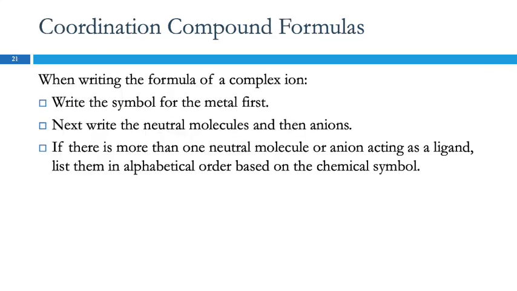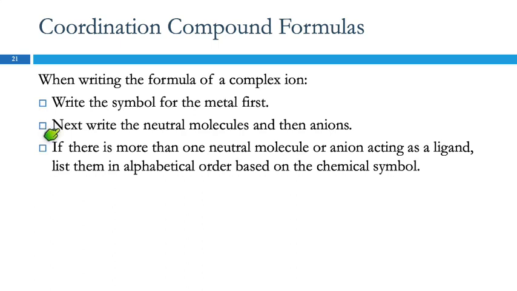So that was naming the complex ion. When you're naming the compound, you're going to have the name of the cation first, followed by the name of the anion. And then we also need to be able to write the formulas for these things from the names. So writing the formula for a complex ion, the symbol for the metal goes first, followed by its ligands.